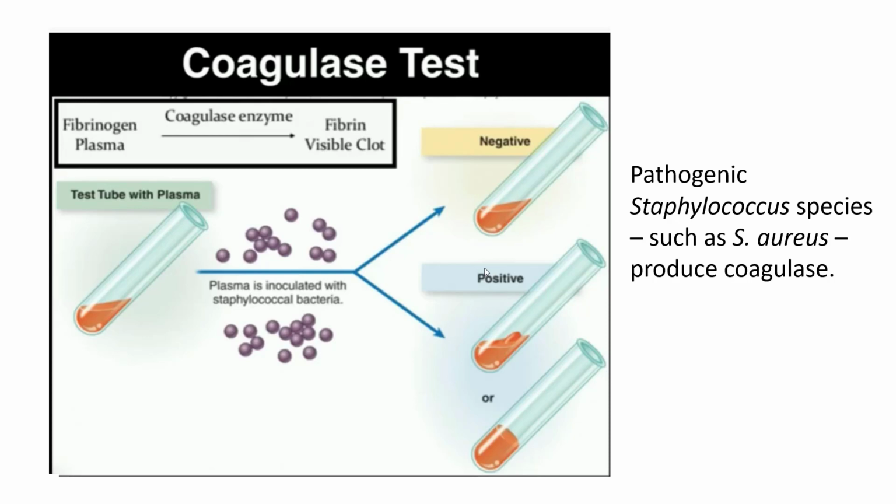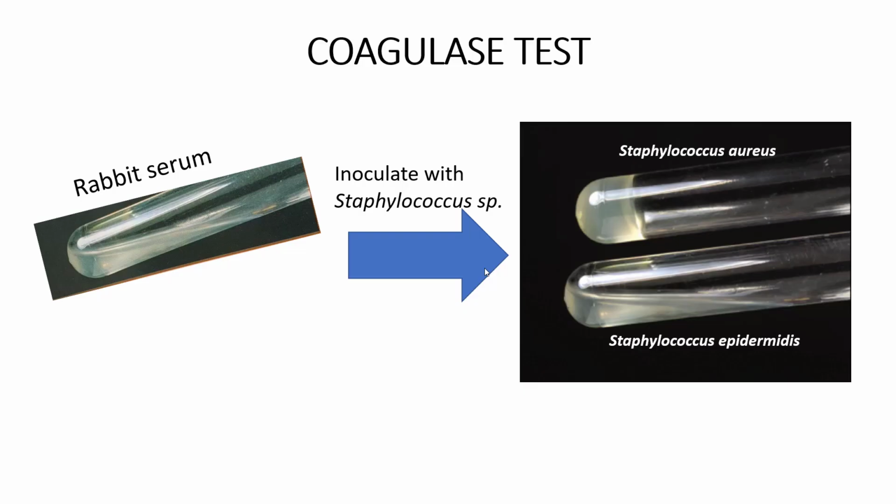And then what happens is, if the species produces coagulase, it ends up creating a clot, like kind of a chunky jello-like substance in the plasma. So in the lab, what we would have done is taken some serum, and we would have inoculated Staphylococcus aureus in one and Staphylococcus epidermidis in another test tube. And what we're looking for is the chunky clot feature that tells us that that species is coagulase positive.